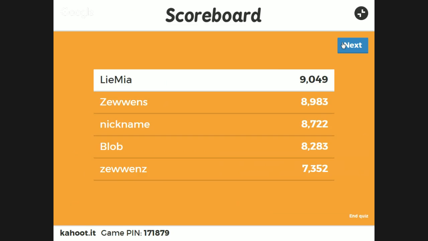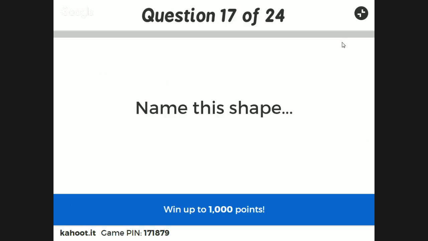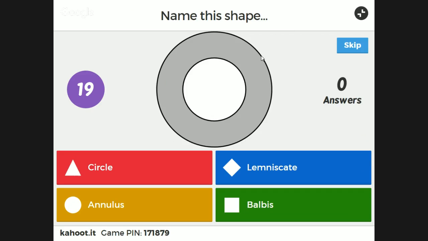Next question, number 15. So there's about 10 questions. No, wait. How many questions left? There's about 9, 7, 8. Right, let's do this. Name this shape. Let's see how good your general knowledge is. You have 20 seconds.